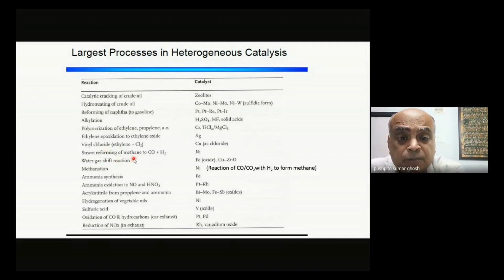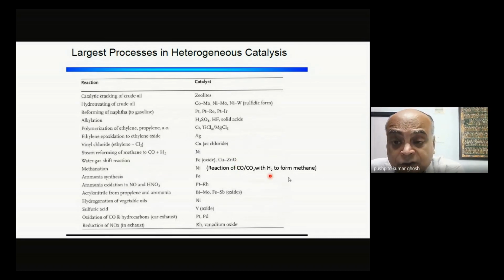Steam reforming of methane. This is what the Haber-Bosch process was all about. It's not really about N2 plus H2 going to NH3. You have to first get the hydrogen, and that hydrogen came from the steam reforming of methane with a nickel catalyst. And there you also had the water gas shift reaction, which was another very crucial reaction.